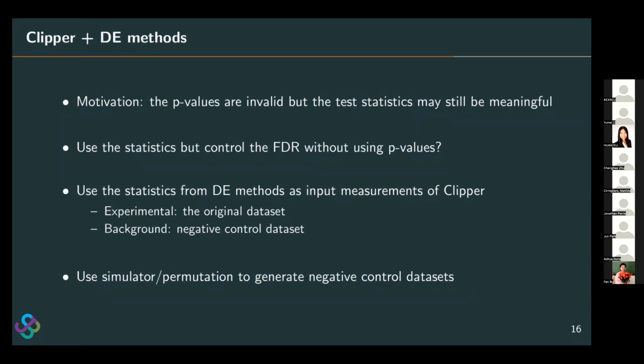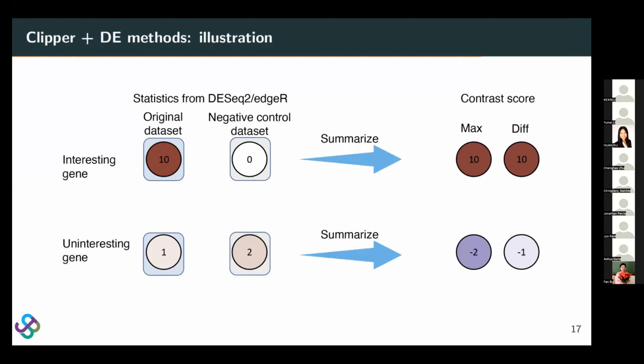Here is another illustration of our idea of using Clipper as an add-on to existing methods. It is very similar to our previous very simple enrichment analysis with two replicates. We can do the DE analysis on the original dataset and get the statistic from DE methods.